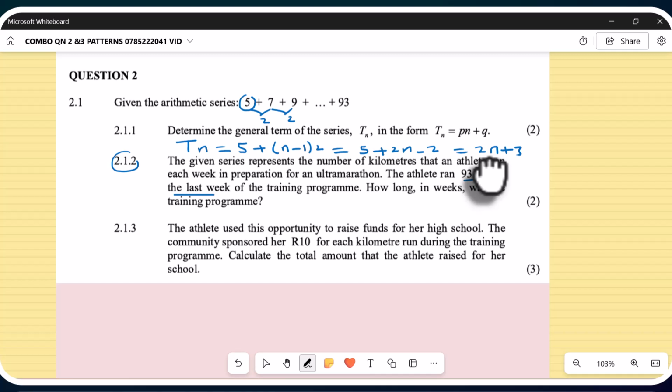2205 kilometers in total. Now don't forget that these are kilometers in total, but the community was giving her 10 rand for each kilometer. So the amount she must have received is we're going to multiply the 10 rands times the number of kilometers, that is times this value here, 2205.